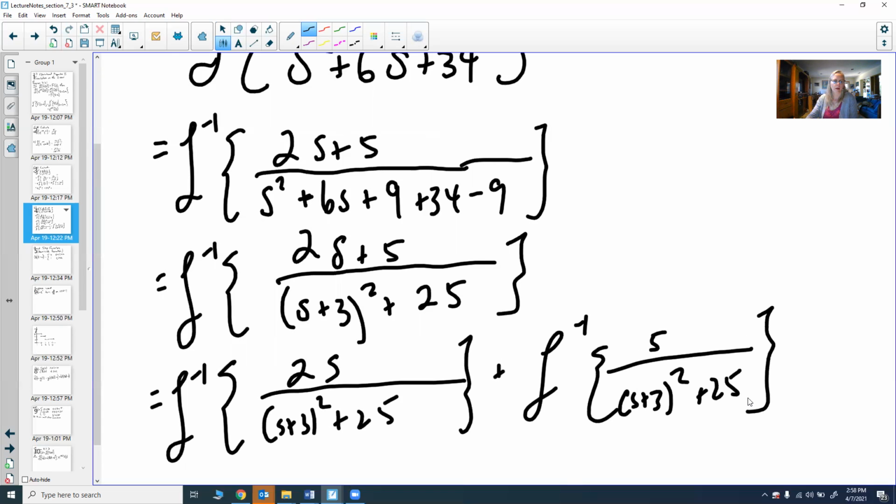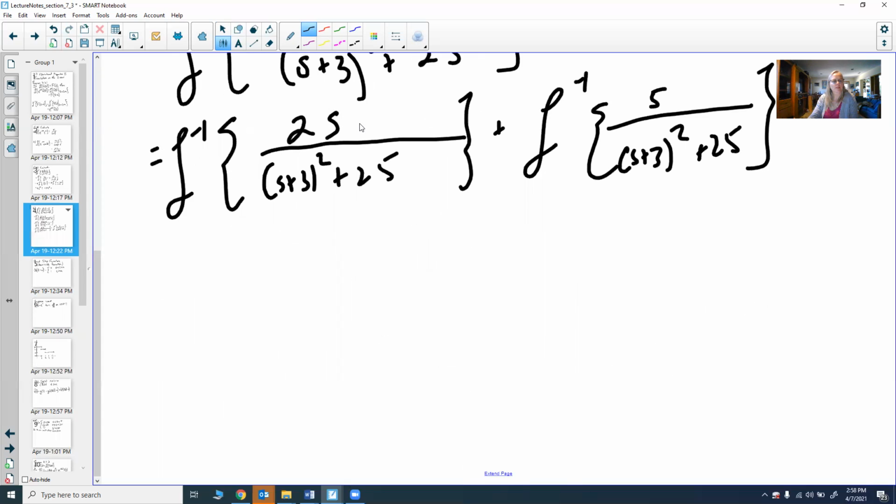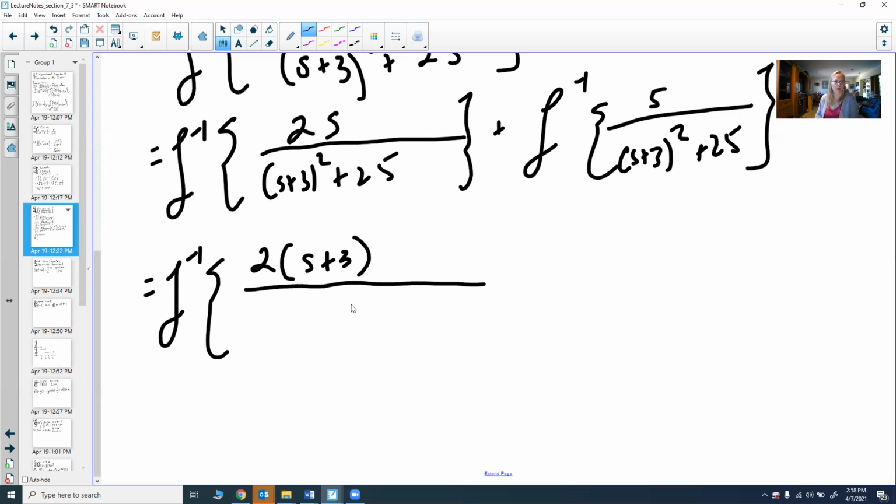All right, cool. But here's where the problem comes into play: if there is an s plus 3 down here, I need this s to also be an s plus 3. So I need to figure out what that would look like to make that happen. I want 2 times s plus 3 on the top.